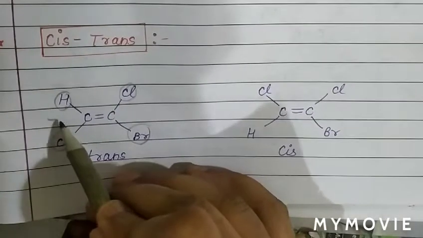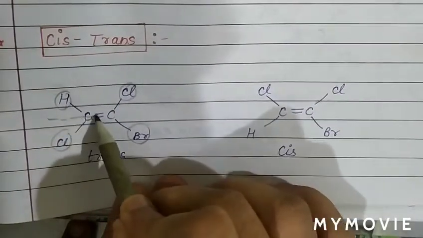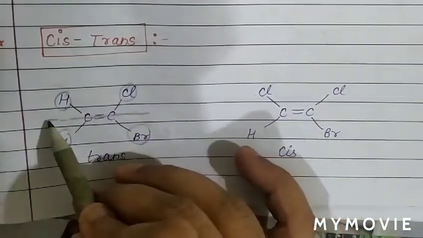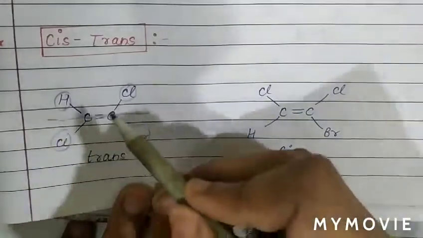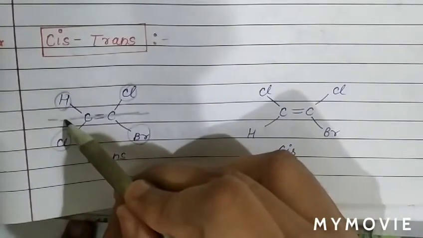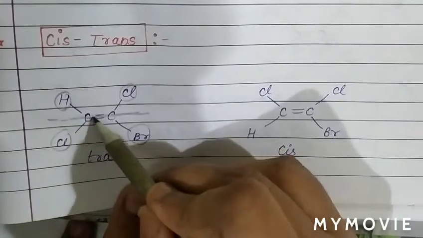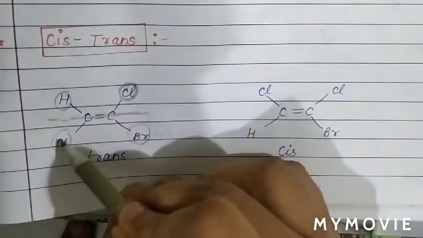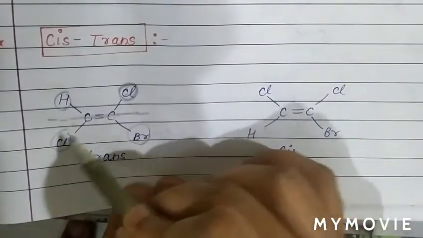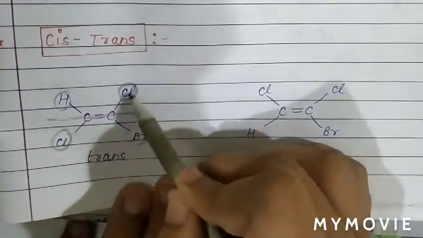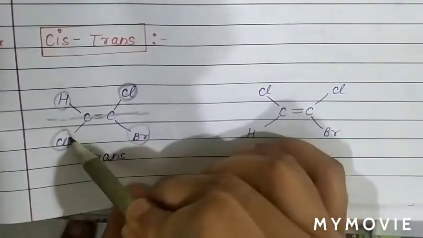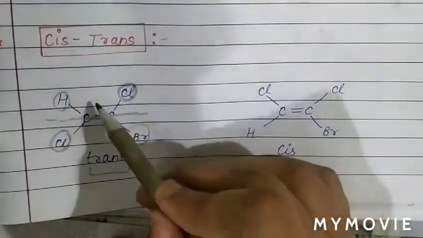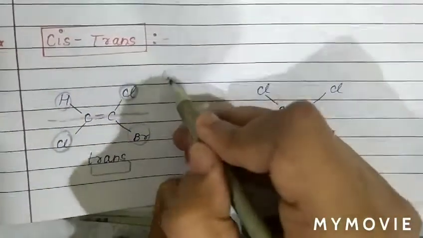Bisect this molecule into two equal halves by passing a plane. This is the horizontal plane I am passing, cutting the molecule into two equal halves. As we can see, when a bisecting plane is passed, two same groups, which is chlorine, lie on the opposite side of the plane, so this isomer we call the trans isomer.